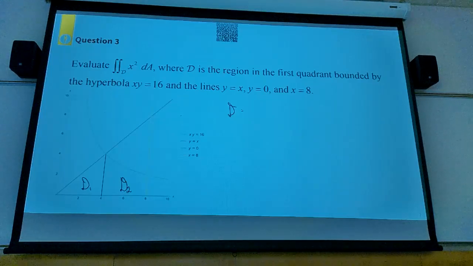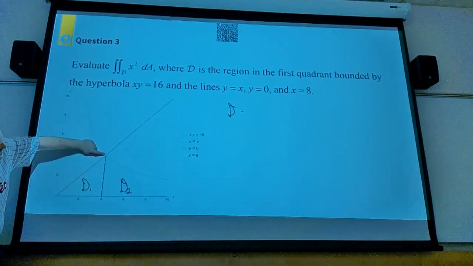Region divides right there. That is at x equals 4. How would you figure that out algebraically? Is that you determine that point of intersection?